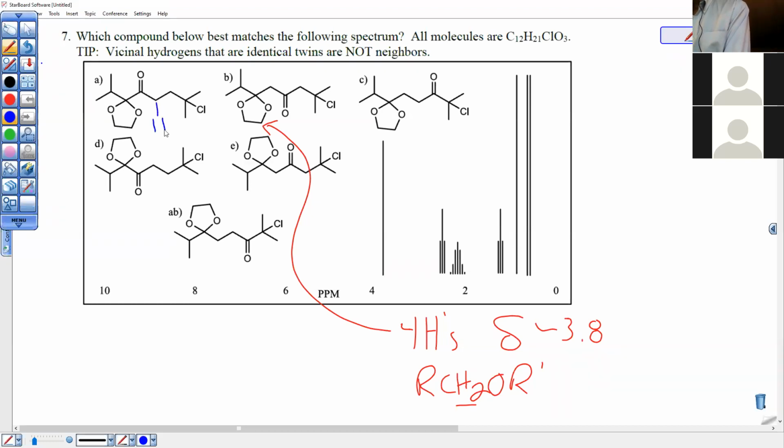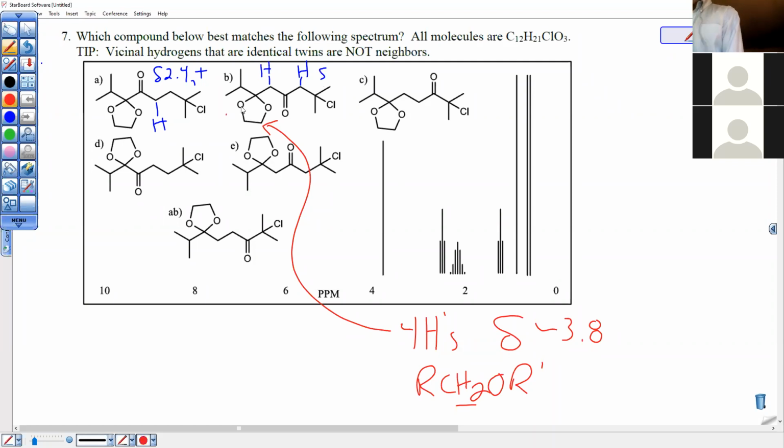This would be delta 2.4 roughly, and a triplet. Do we see that? Yes or no? And the answer is yes. So let's get rid of molecules that don't have that kind of delta right here. This H and this H, both 2.4, but singlets.